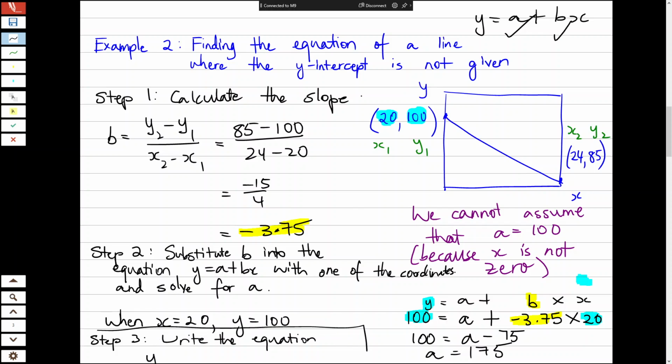So y equals 175 minus 3.75 x. Okay. I've replaced a with 175. I've replaced b with negative 3.75.